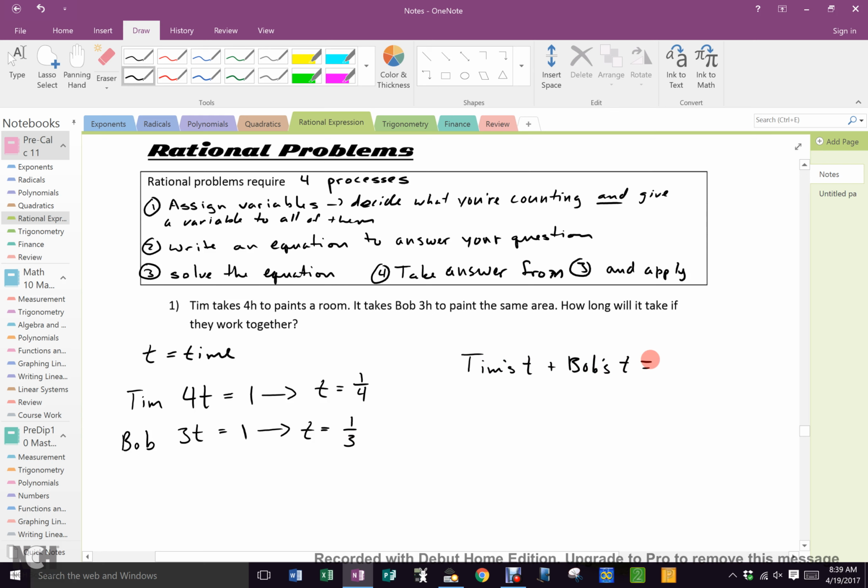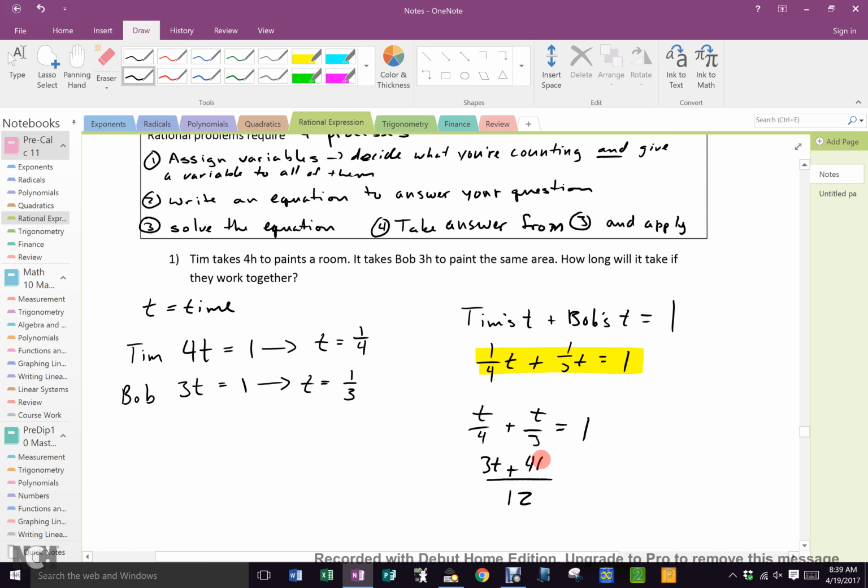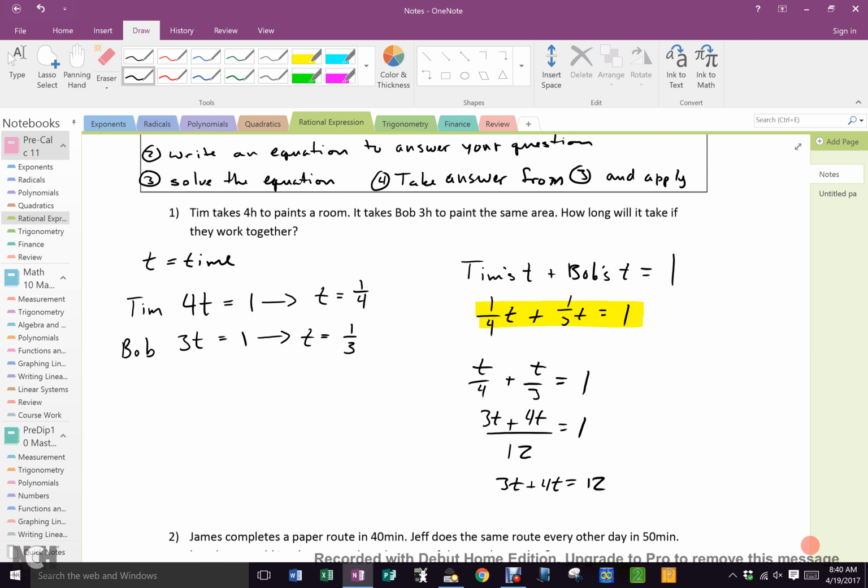What did I multiply that by? 4, so it's 4T. Equals 1, yes? That's not 40. Now you guys are smart kids. What's the common denominator? 12. So this is 3T plus 4T has to equal 12, yes? So what does T equal? 7 over 12.